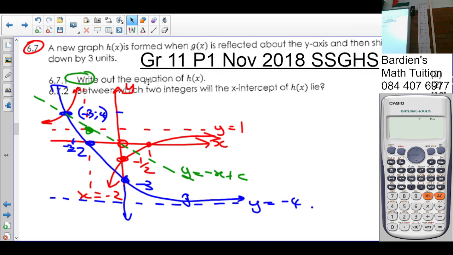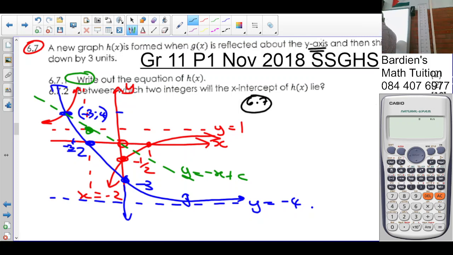In 6.7, a new graph of h of x is formed when g of x is reflected about the y-axis and then shifted 3 units down. The graph of h of x is formed when g of x is reflected about the y-axis. When something is reflected about the y-axis, what happens?